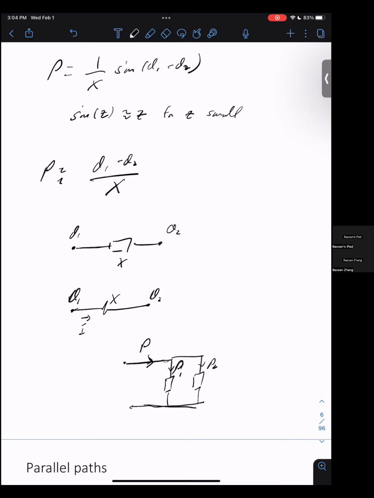As a review for current dividers, let's say I have some resistance here, I2, R1, R2. How does the current divide? Namely, which path does it go? Does the current go to the smaller resistor or the bigger resistor?